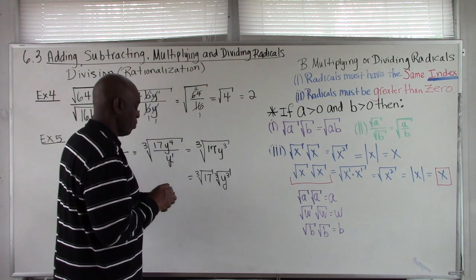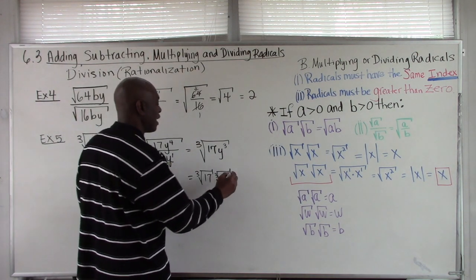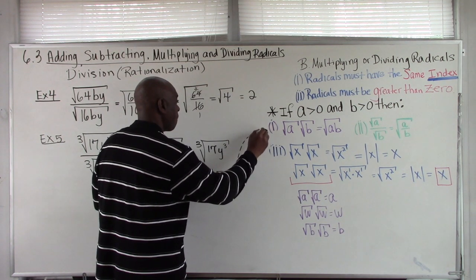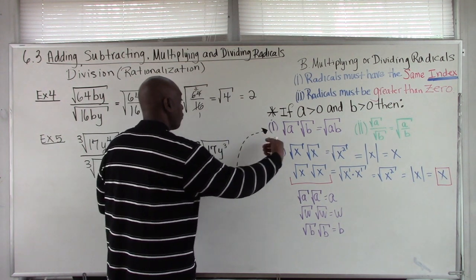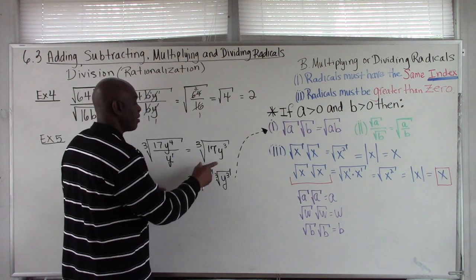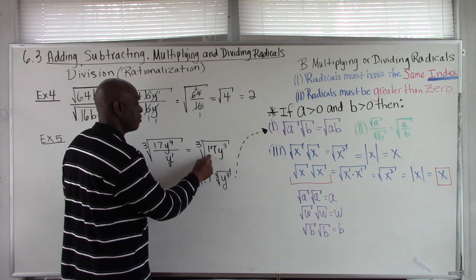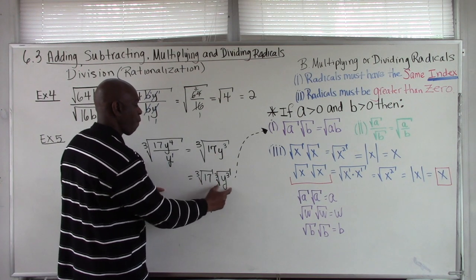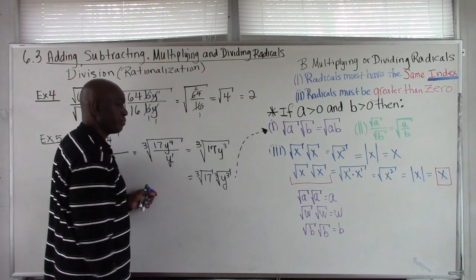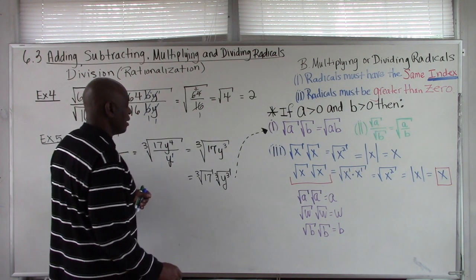What are we doing? We are utilizing our rule right here. Product rule for radicals. Okay? So we are taking each factor and separating it out. 17 gets its own radical, y cubed gets its own radical. Alright?